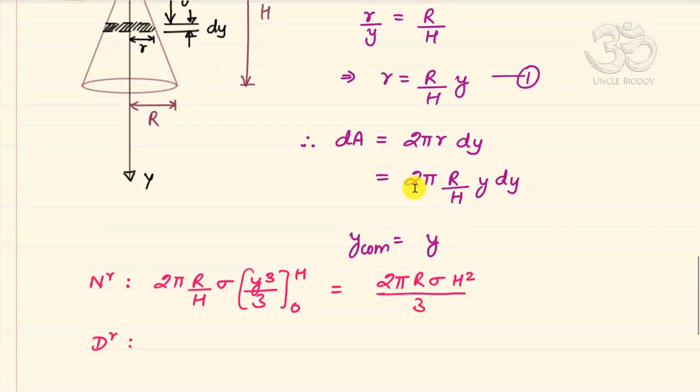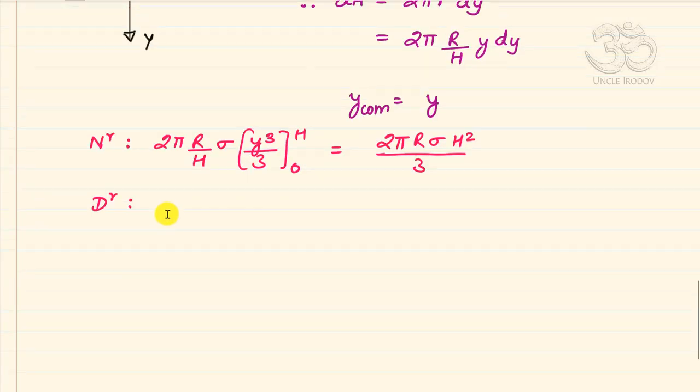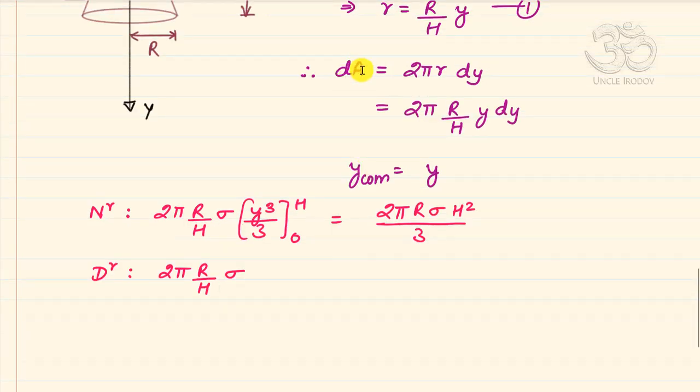Denominator will be the integral of mass. So 2 pi R by H times sigma. I am trying to multiply the area by sigma. So 2 pi R by H and sigma taken common. Then y dy is going to give you y square by 2, and that is going to give you H square by 2.